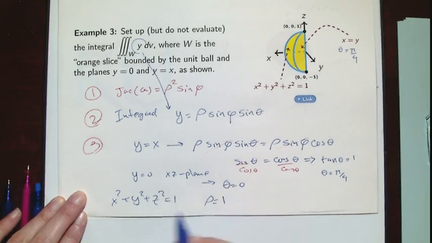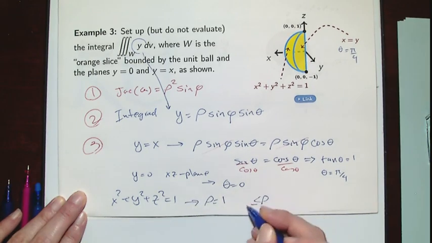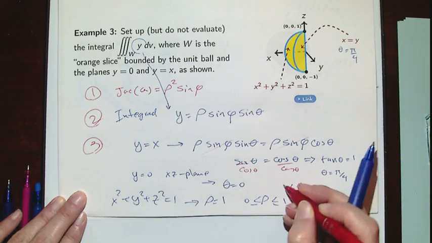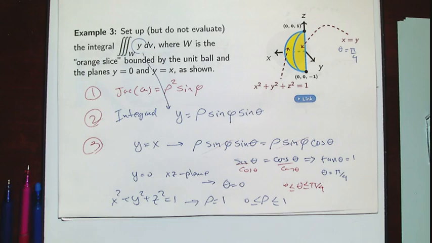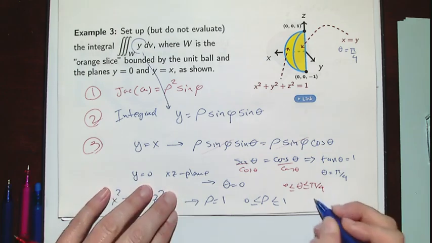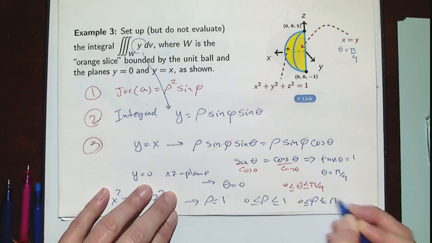Rho is equal to 1, so rho is between 0 and 1. Oh yeah, I forgot to say theta is between 0 and pi fourth. Now your question is where is phi going? Phi? Takers? It goes from 0 to pi, it goes full range. Within the boundary of theta, it goes full range. So phi goes between 0 and pi.